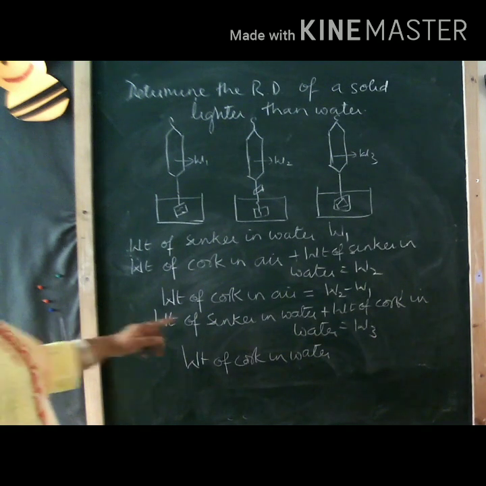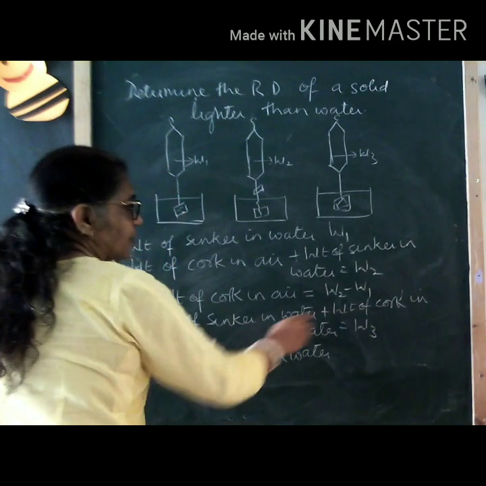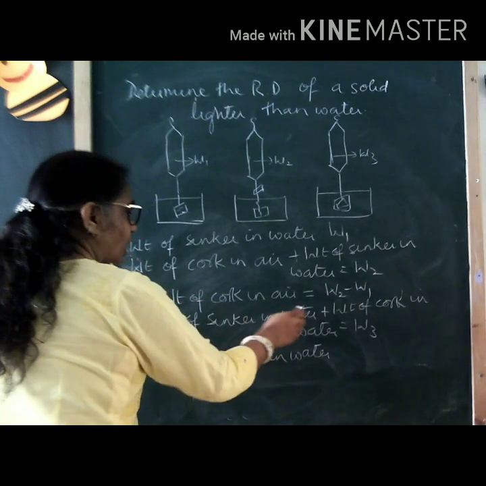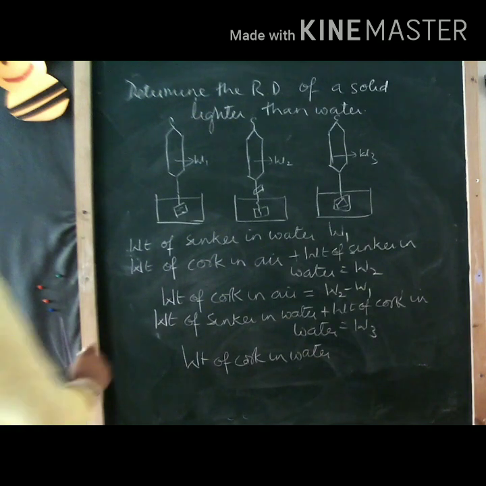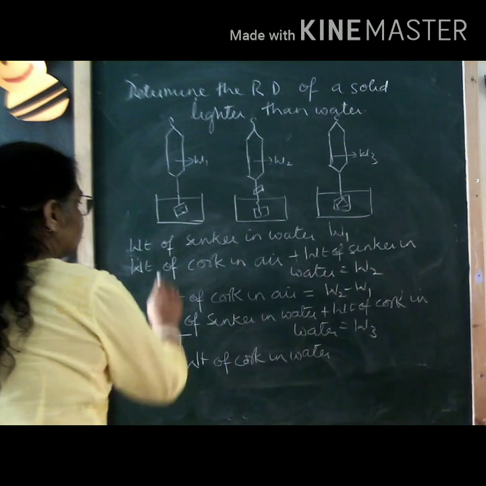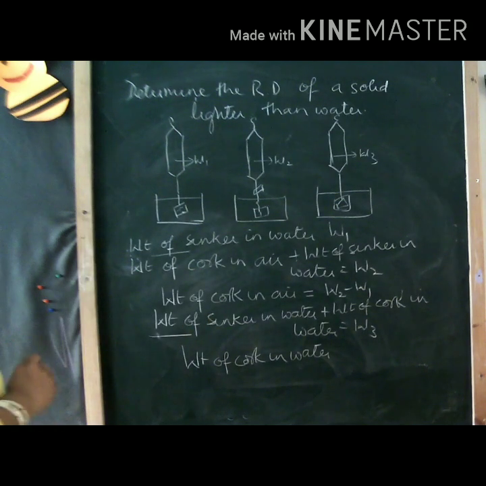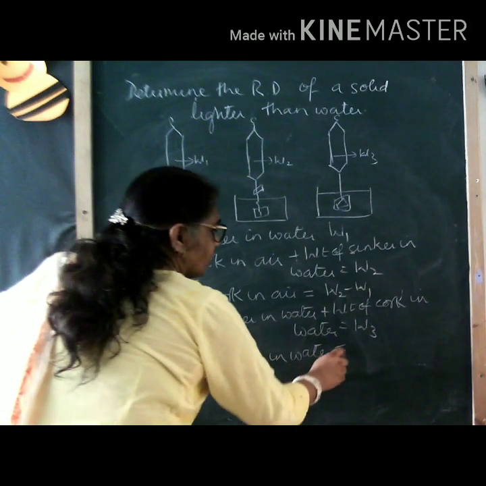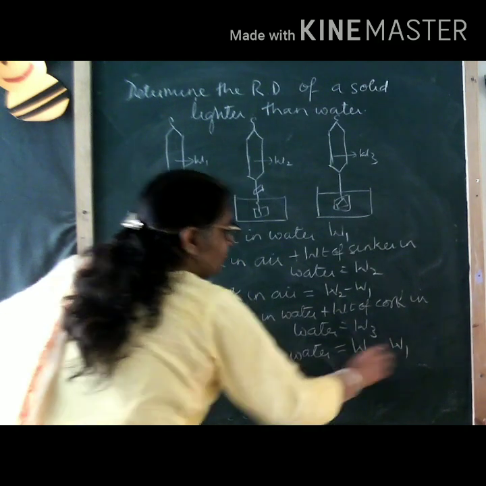Well, you can see here I have weight of cork in water. But along with this, I also have weight of sinker in water. So I need to eliminate the weight of sinker in water. That is possible when I utilize the first reading and the last reading. So what will I get? I'll get weight of cork in water as W3 minus W1.